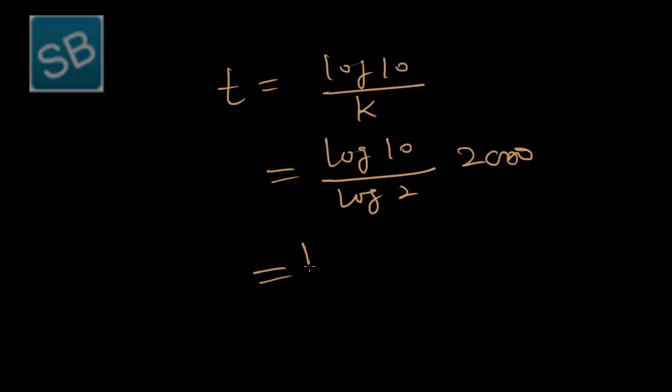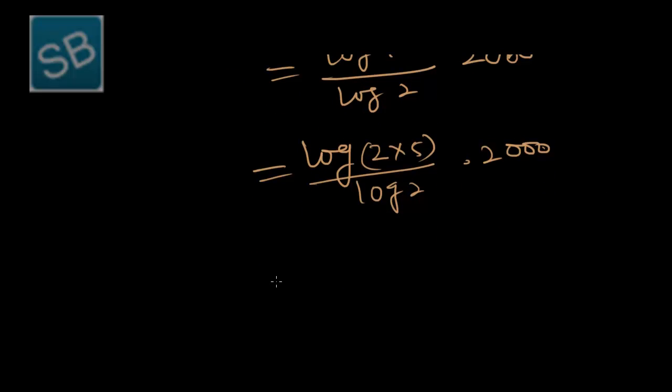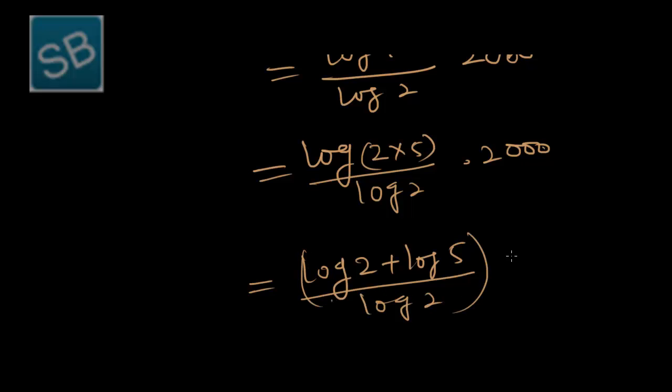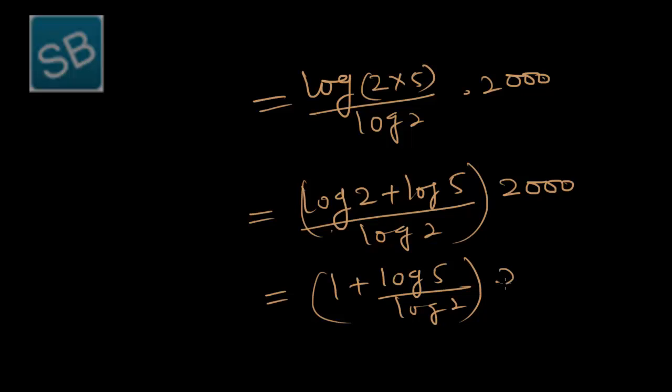So we get log 10 over log 2, that is log m over log n. So we can write log 2 into 5 over log 2, into 2000. That is log m plus log n over log 2, that is we get 1 plus log 5 over log 2 into 2000.